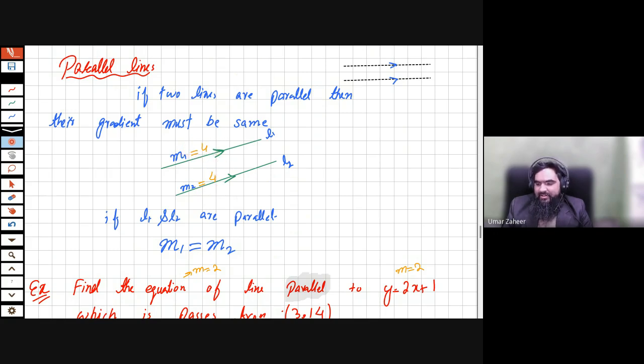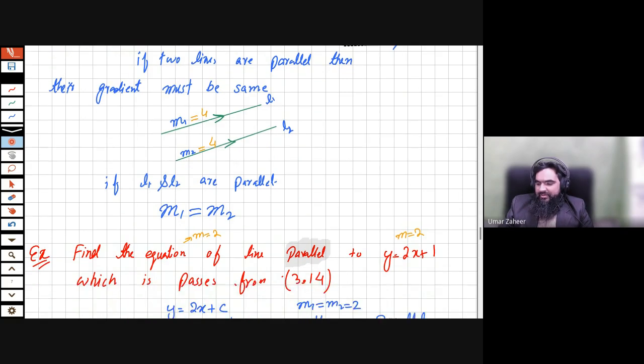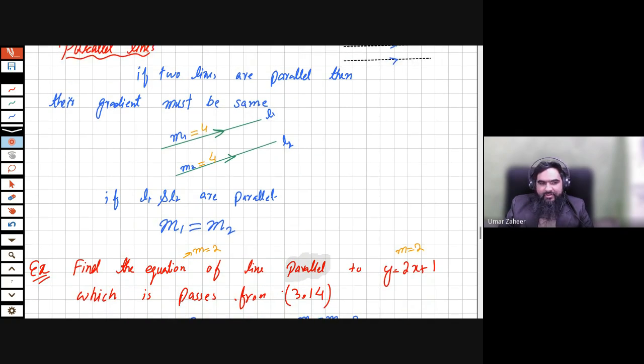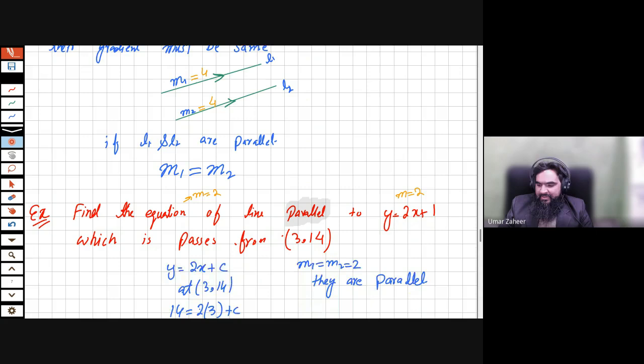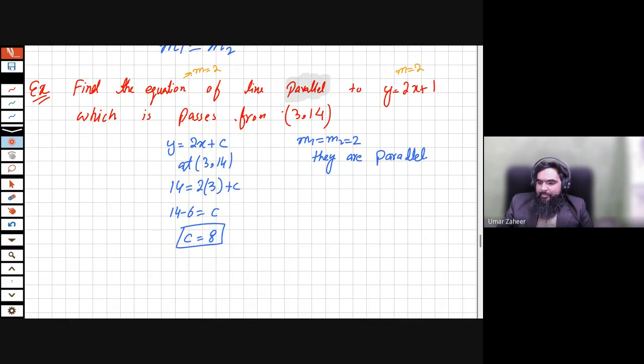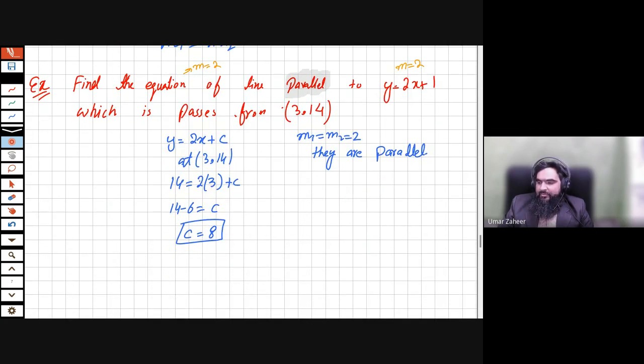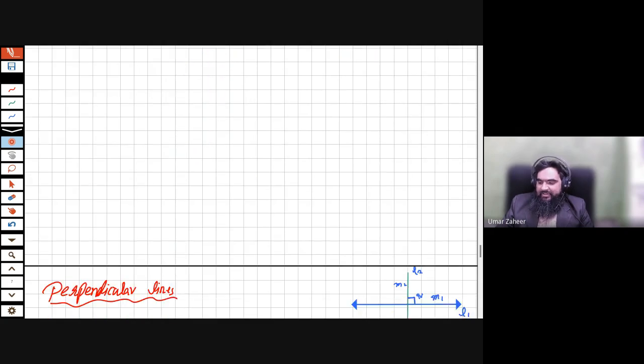Why? Because they are parallel. Next, we did the question in which the examiner gives you information about parallel lines, and we have to utilize that information to find the equation of a line.